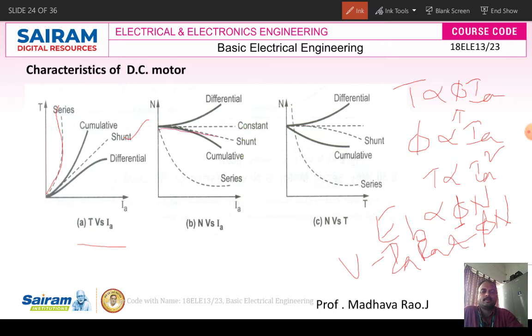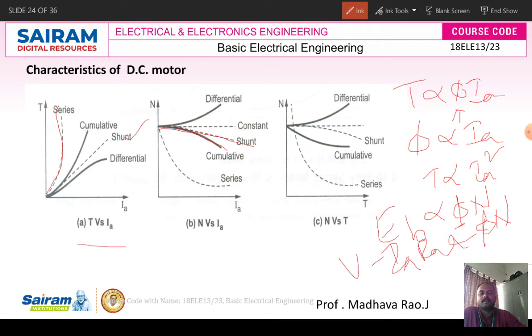Shunt motor speed is decreasing, series motor is decreasing, cumulative compound is decreasing, but differential compound is the opposite. When Ia increases, the speed of the other motors decreases, but the differential compound motor speed will increase.